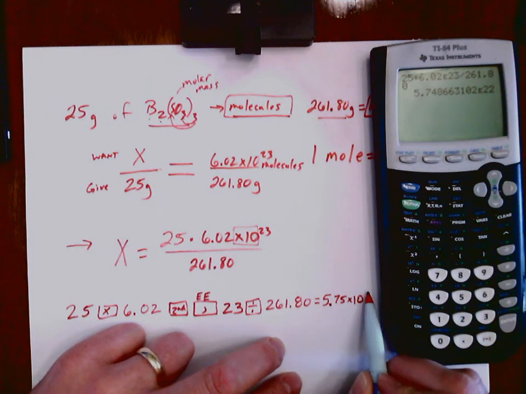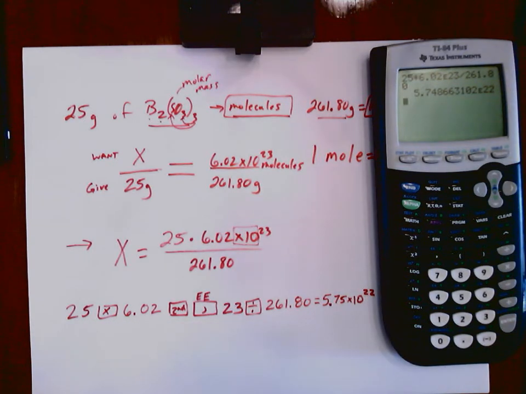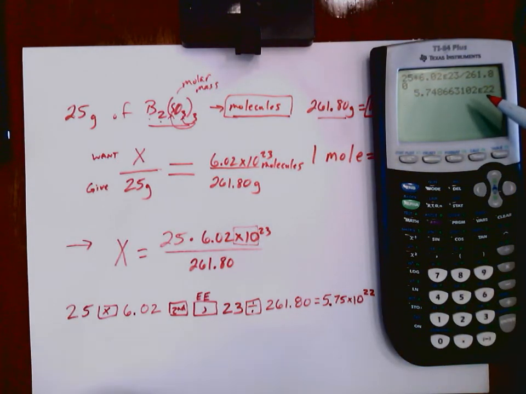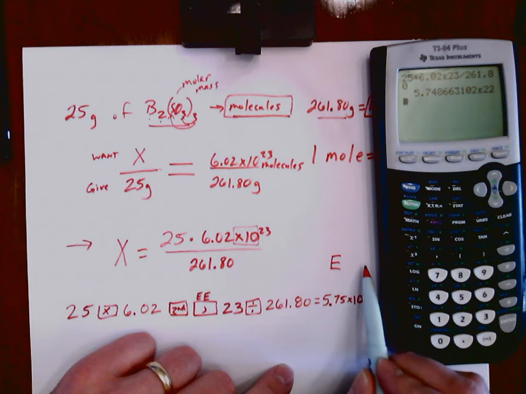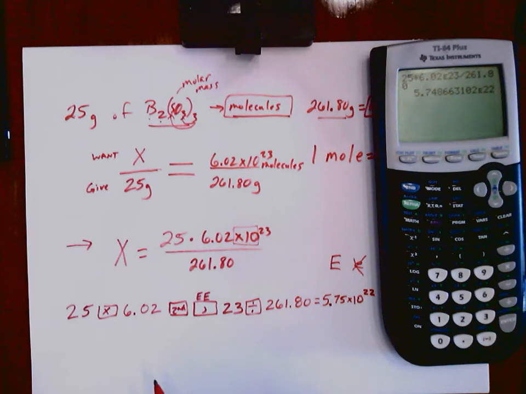Then I write in the number: 5.75 times 10 to the 22nd. Or if you're doing this on a Moodle question, you can actually just type it in as an E, but you have to make sure it is a capital E, not a lowercase e. A lowercase e means something different.